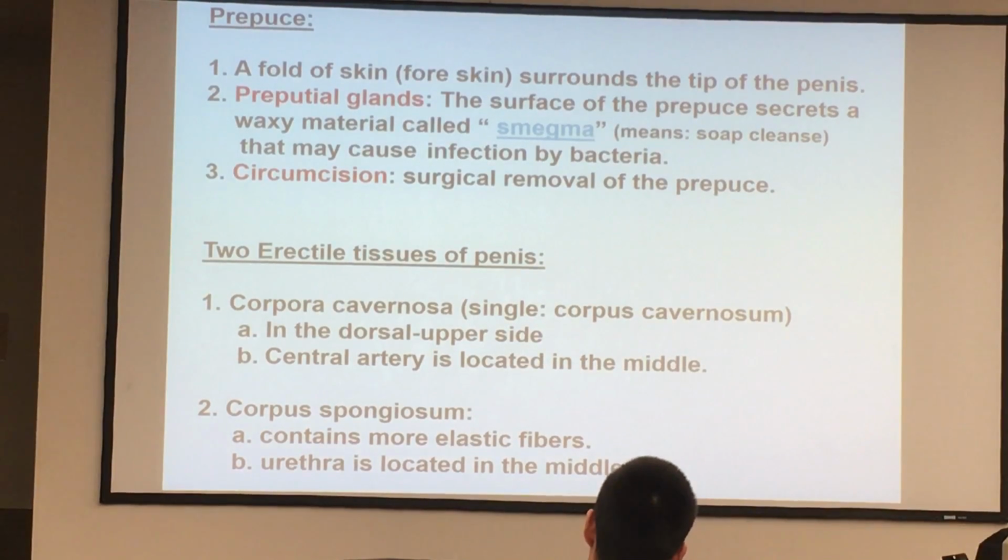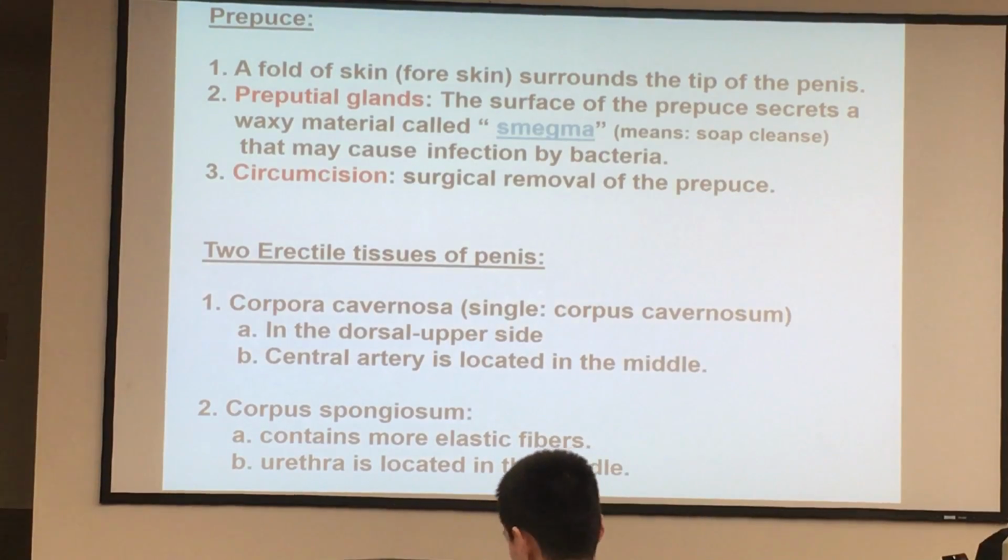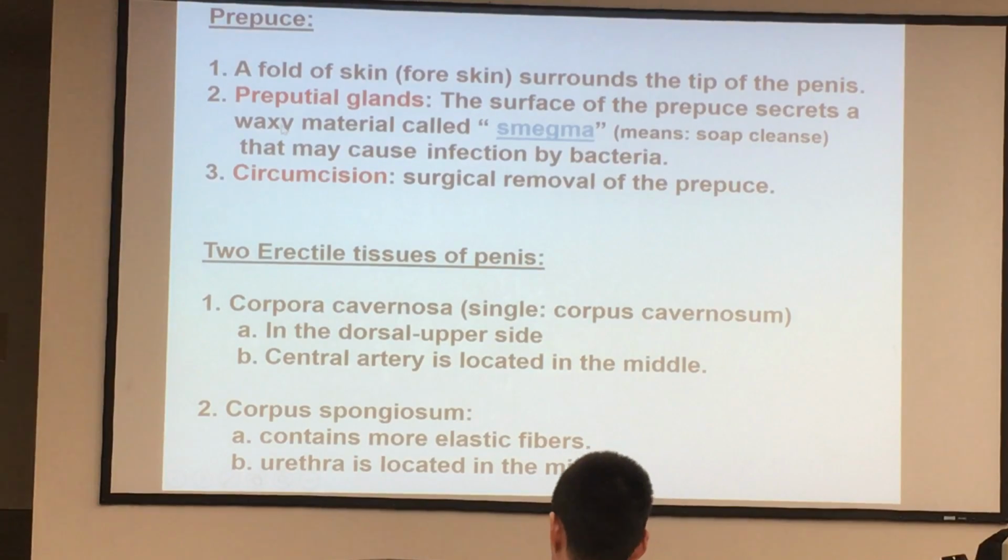Now to say something about the prepuce or foreskin. It covers the top area of the penis. There is an exocrine gland called the prepucial gland, and it produces a waxy material called smegma. That means it needs salt to clean it.